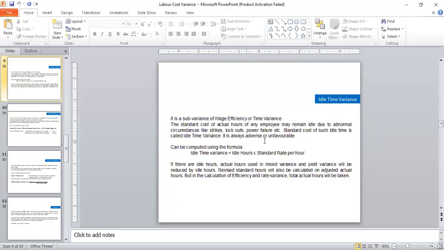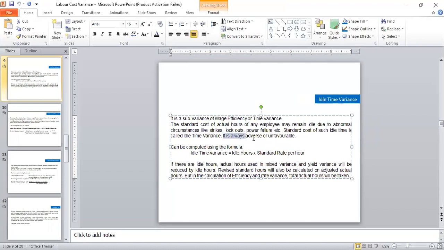It is always adverse or unfavorable. We calculate this using the formula: idle time variance is equal to idle hours into standard rate per hour.